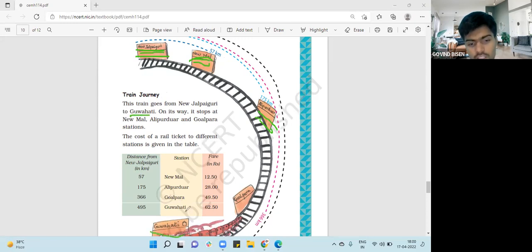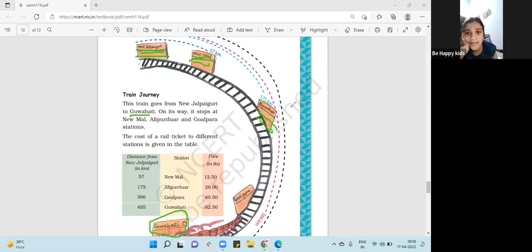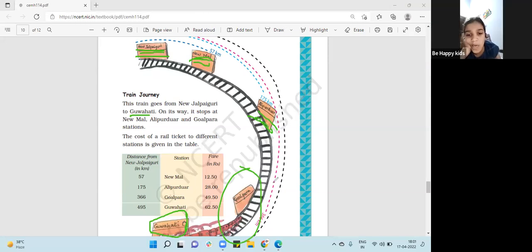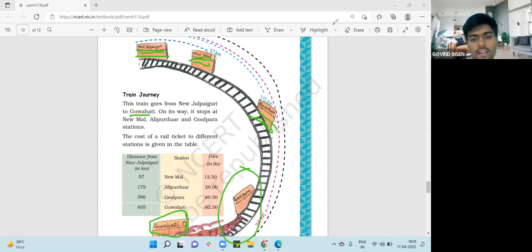So the last station is Guwahati, which is in Assam, a northeastern state. So just remember the names. Don't worry where the stations all are. Then after Alipurduar, what is the station? Golpara, right?